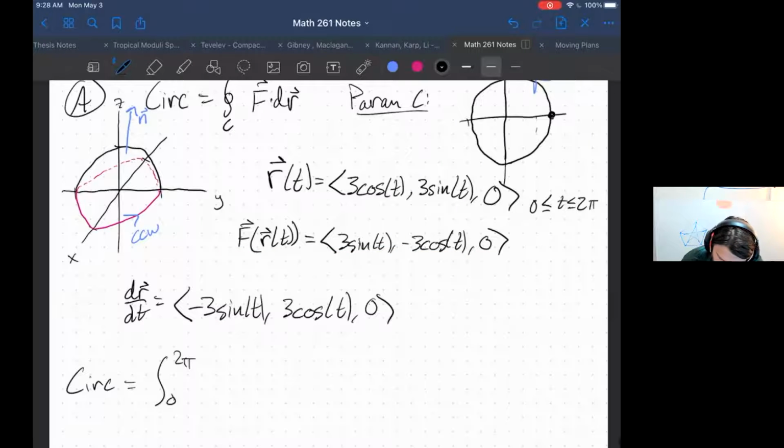So if you dot these together, you get a 3, well, let's not skip any steps here, at least for this part.